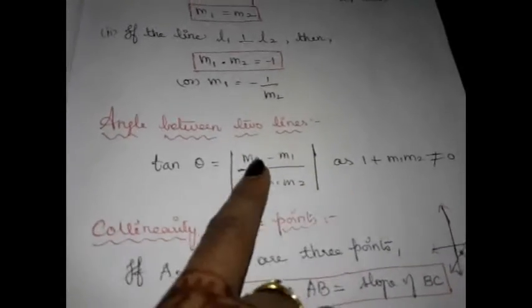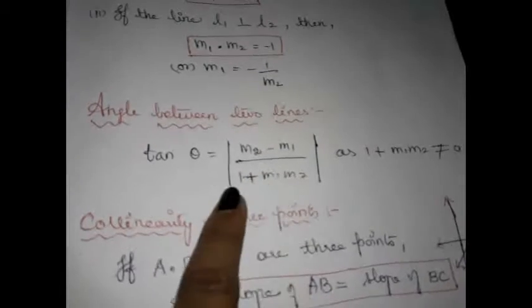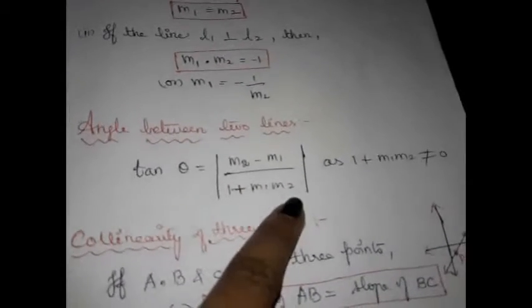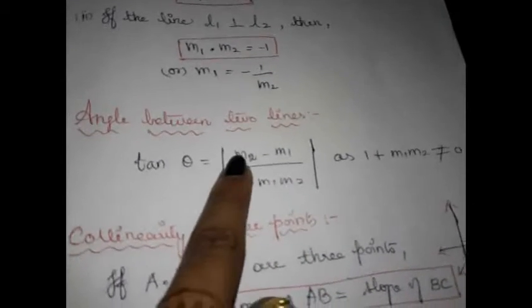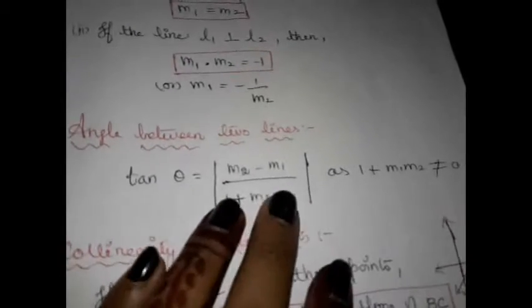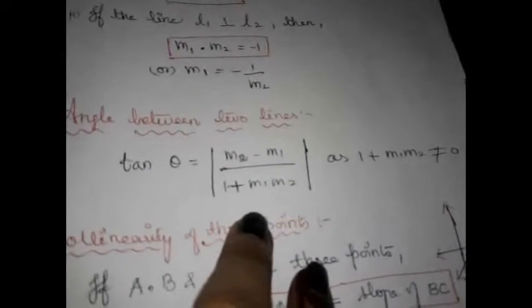Tan theta is equal to the modulus of m2 minus m1 divided by 1 plus m1 m2. What are m1 and m2? m1 is the slope of the first line and m2 is the slope of the second line.